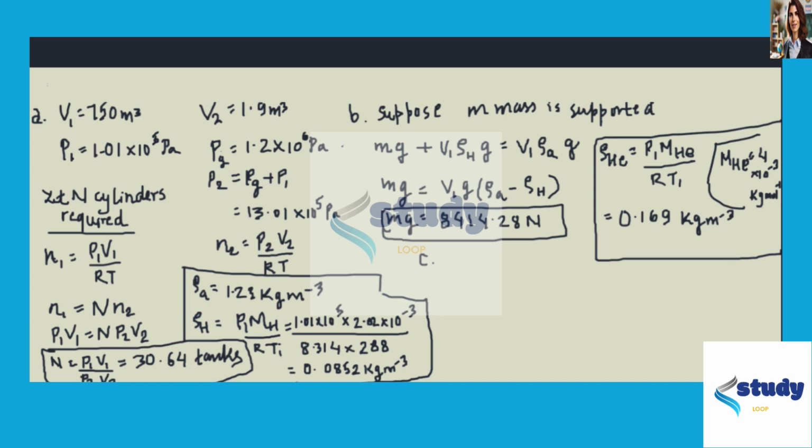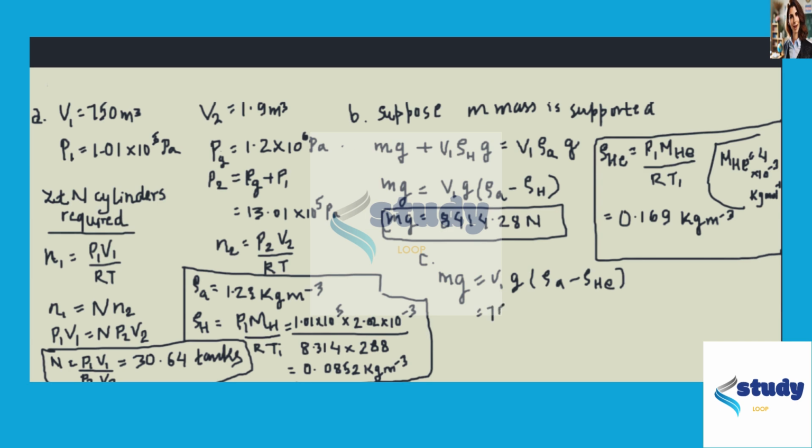Now for part C, the weight that can be supported is V1 g times (rho A minus rho He) by using helium.